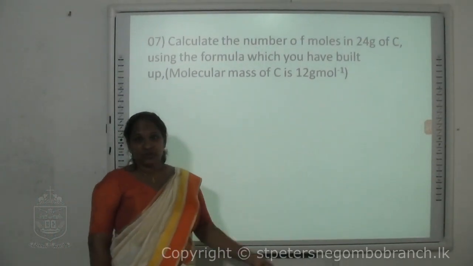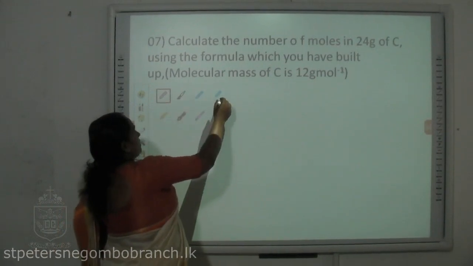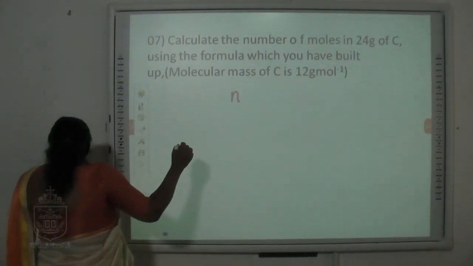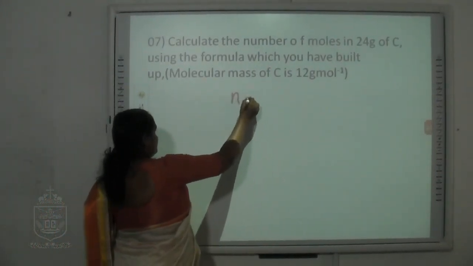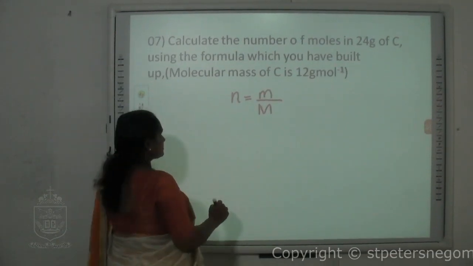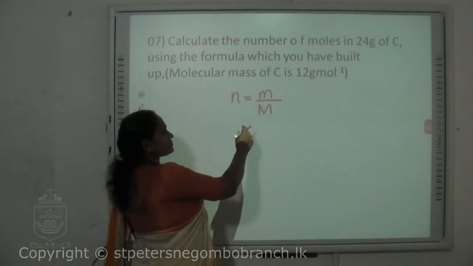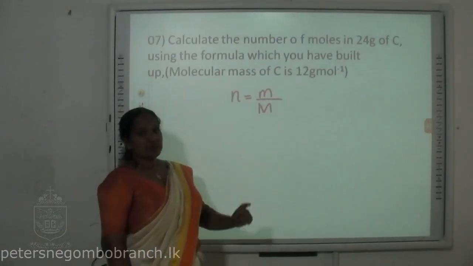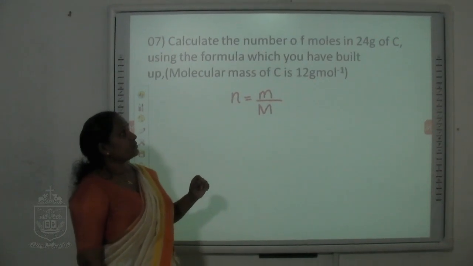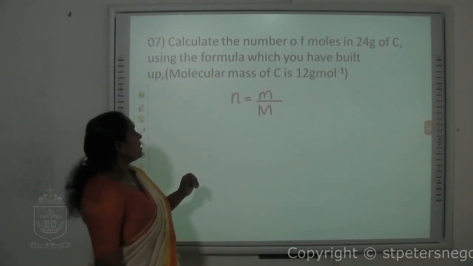In the previous question, we built up a formula: n equals simple m divided by capital M. By using this equation, we have to get the answer for this question.